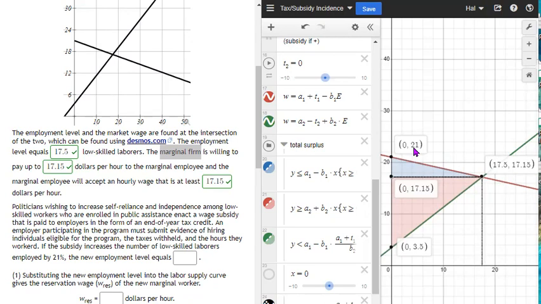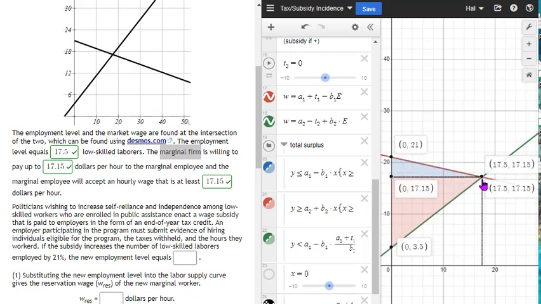Now, these individual surpluses decline as you get closer and closer to the equilibrium. For the firms, labor is getting less scarce, and as something gets less scarce, they're willing to pay less and less for it. That's one way to think about labor demand.